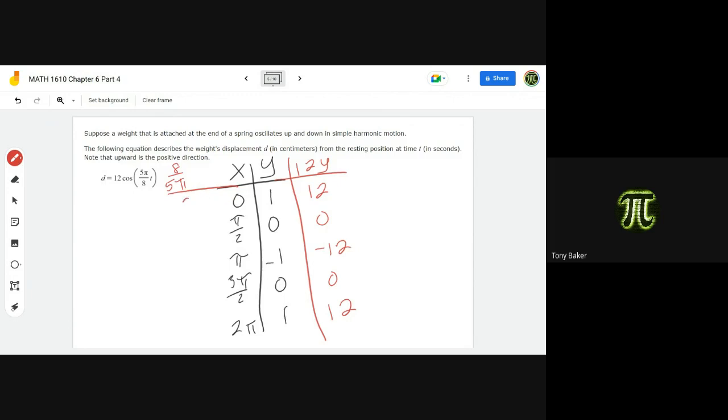So 0 is still going to be 0. All the rest of these, your pi's are going to end up canceling out. Because there's a pi on top, and now there's a pi on the bottom. So it's 8/5 times a half. So we've got 4/5, 8/5, 12/5, and 16/5.